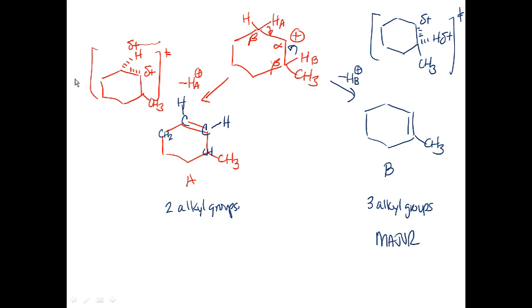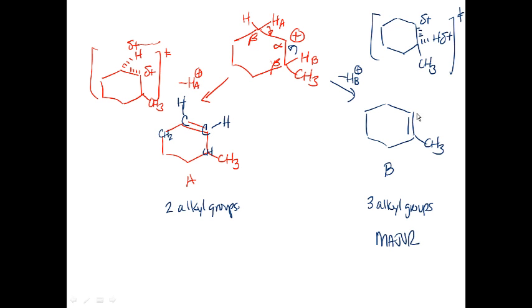If two of them are hydrogens, that means the other two are alkyl groups. So this has these two alkyl groups, the CH2 of the ring and the CH of the ring. Does it matter if they're in a ring? No. It just matters that they're a carbon. Actually, it matters that they're not a hydrogen. So this A has two alkyl groups.